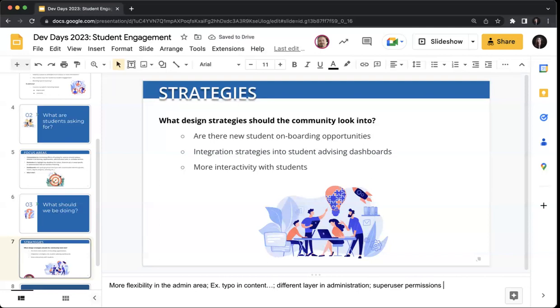And then one of the requests is that the financial aid advisor and registrar advisor need to see what students are seeing.